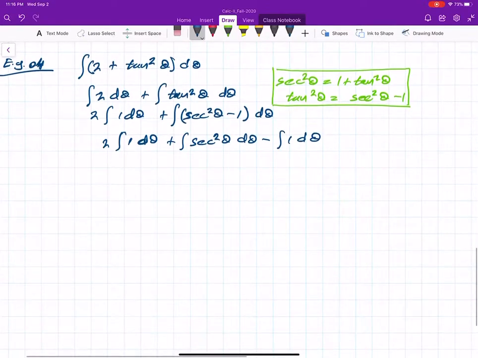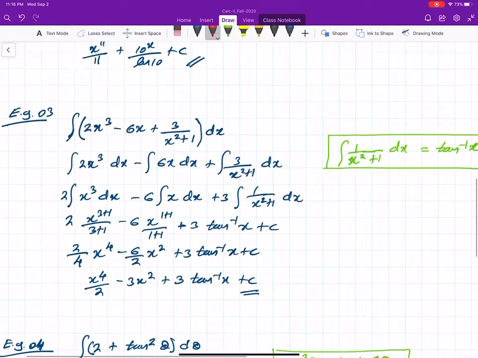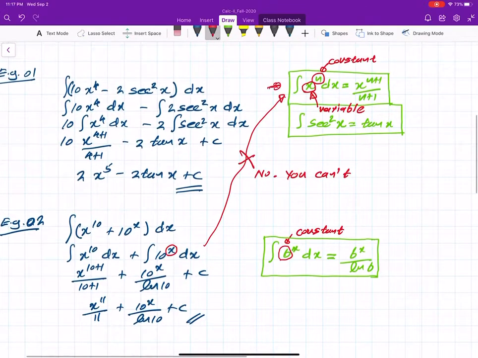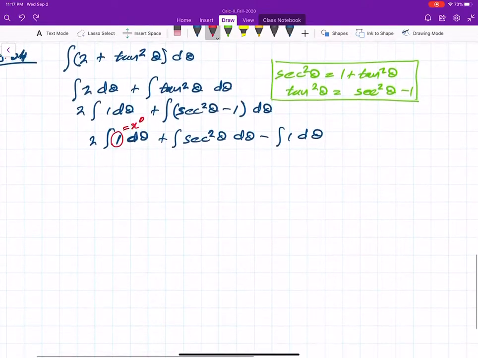All right, and the integration of 1 is just x to the power 0. For x to the power 0 you could use this power law, because 0 is a valid power.